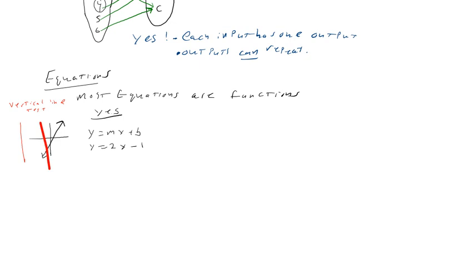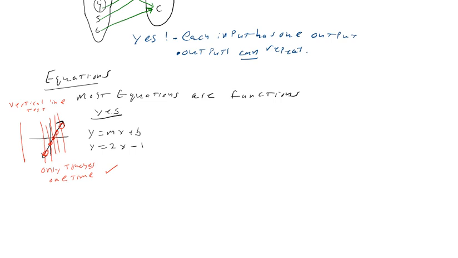As long as your vertical line only touches the graph one time, in one spot, then it's okay. We touch only one time here, one time here, one time here. That's the vertical line test.